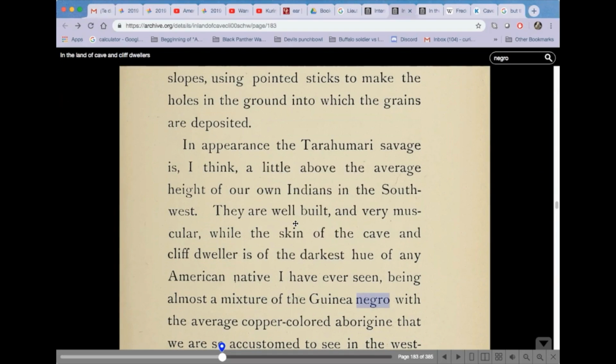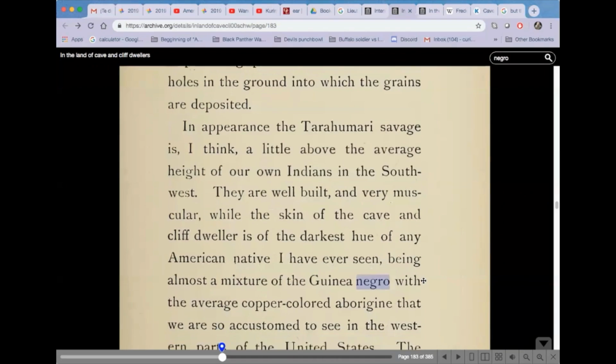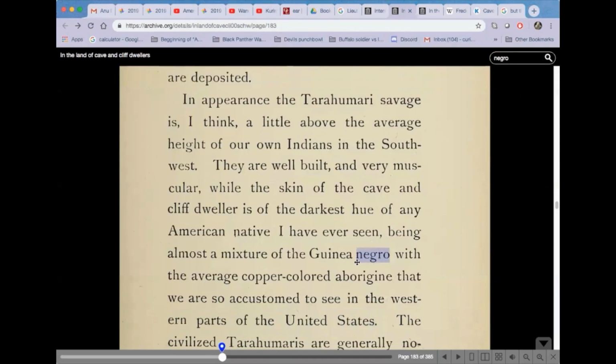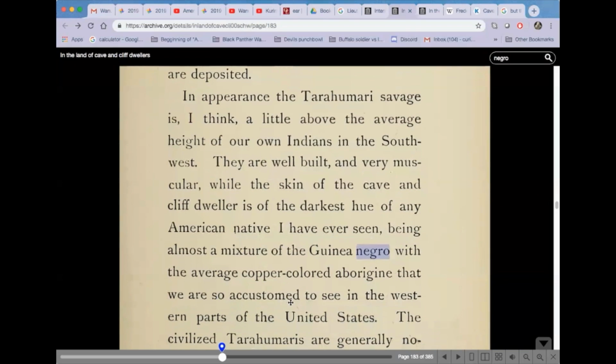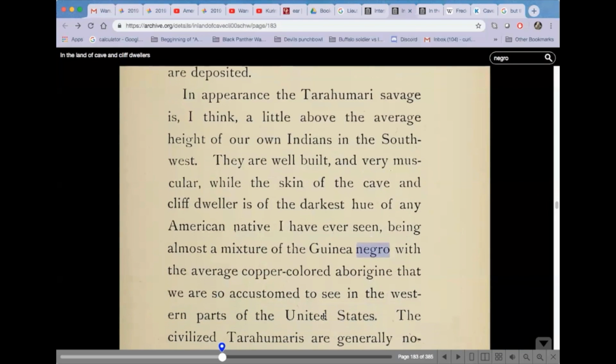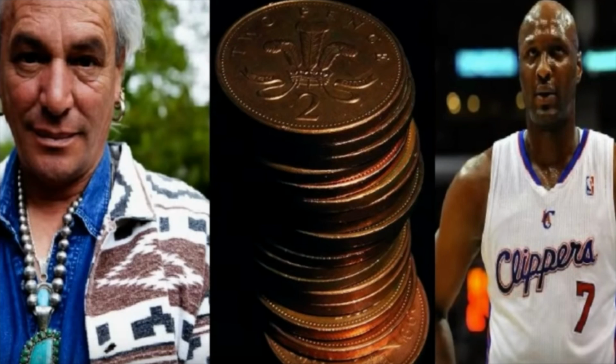They are well built and very muscular, while the skin of the cave and cliff dweller is of the darkest hue of any American native I've ever seen, being almost a mixture of the Guinea Negro with the average copper-colored aborigine that we are so accustomed to see in the western parts of the United States.